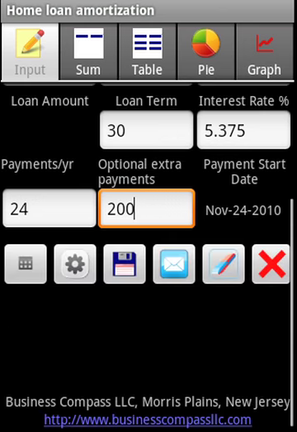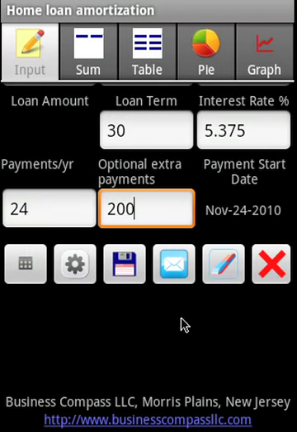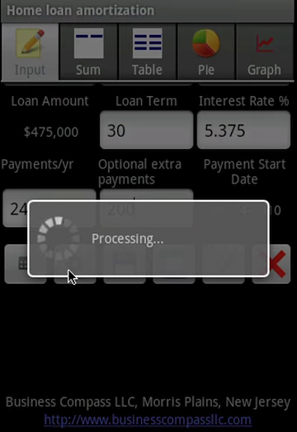Payment start date, you can actually change that to whatever you would like to, and it will start from that day. So now let's calculate. So the actual loan amount is 475, that actually calculated.